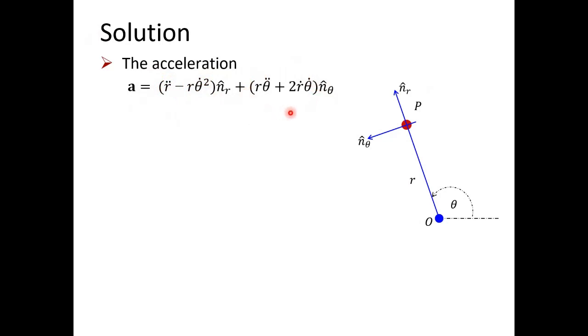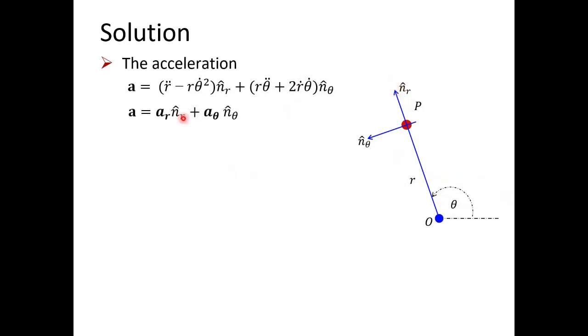The theta directional component also has two parts, r theta double dot plus the Coriolis acceleration, which is 2 r dot theta dot. Remember, for the r dot theta dot term, or the Coriolis acceleration, to be positive, the motion has to be in the counterclockwise direction, and r has to be measured radially outwards.